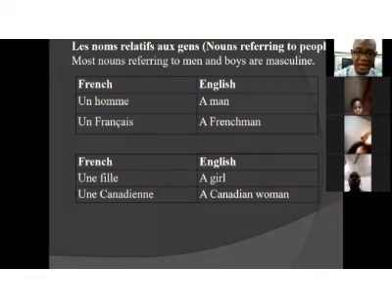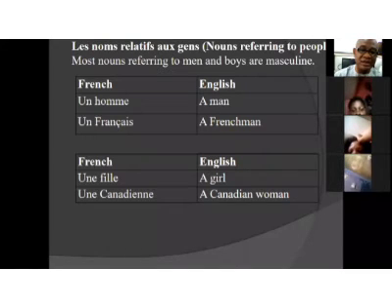You can see the cases in front of you. Look at the examples in front of you. We're talking about nouns referring to people. Most nouns that refer to men and boys are masculine. For instance, you have un garçon, un homme.